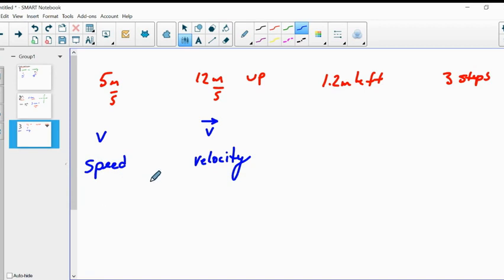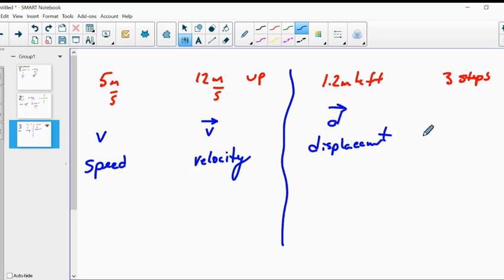Once again, they're very similar with the change in distance over the change in time, but this one has a direction to it. Likewise, over here, I see 1.2 meters to the left. That is a displacement, and the symbol is d with an arrow over it.